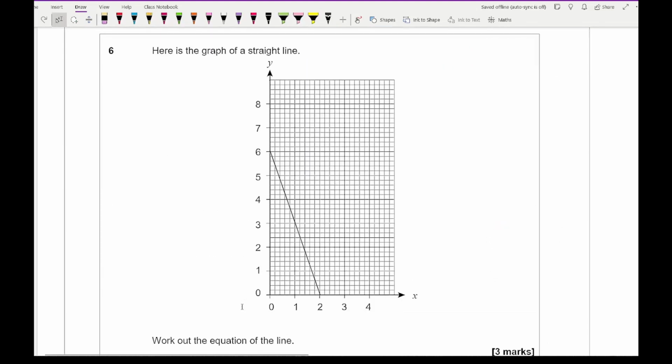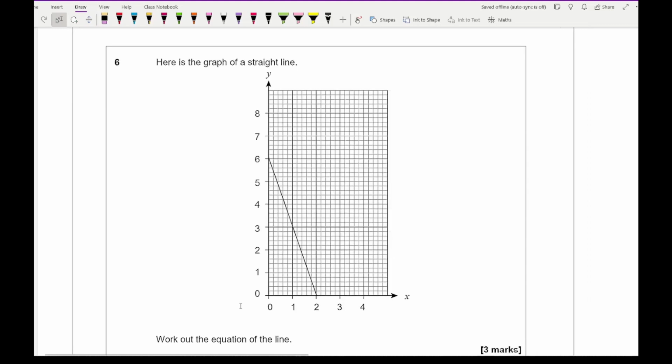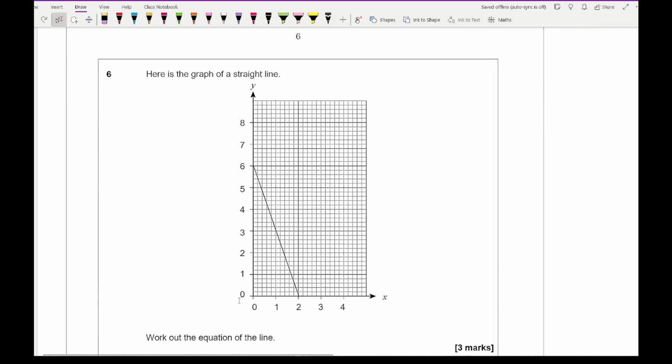Moving on to question 6, it says here is a graph of a straight line. Work out the equation of the line. When you've got a graph drawn for you, I strongly recommend using y equals mx plus c. In terms of working out the gradient, if I pick two nice coordinates and turn it into a triangle, then the gradient is going to be the height of that triangle using the scale, which is 6, over the base of the triangle, which is 2, and because the line is going down, it's going to be a negative gradient.